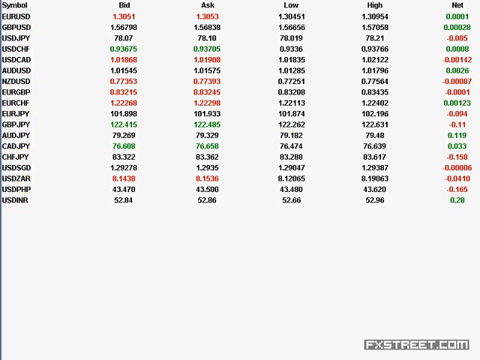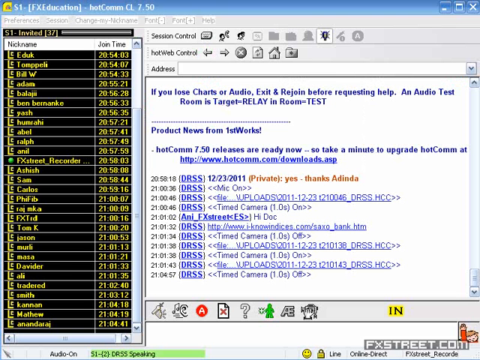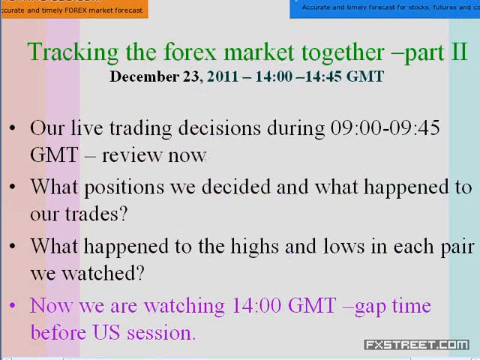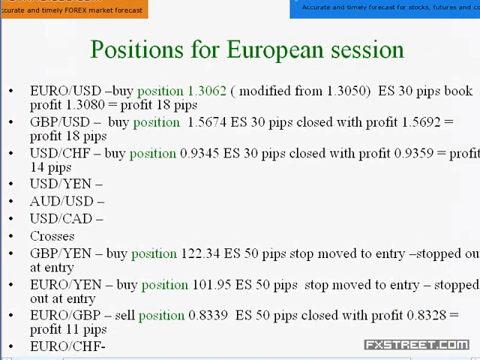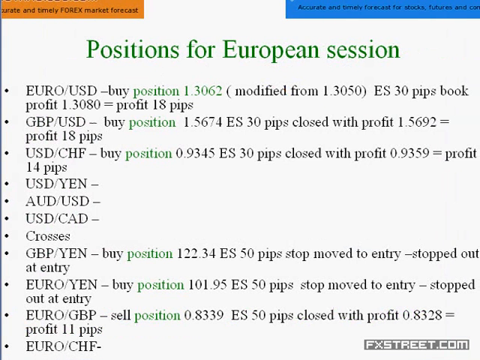So let me go back to the PowerPoint presentation and explain what positions we have taken and what happened to those positions. I'll go back to the European session slide. I kept a buy order in the case of Euro. 1.3047 was the initial low.